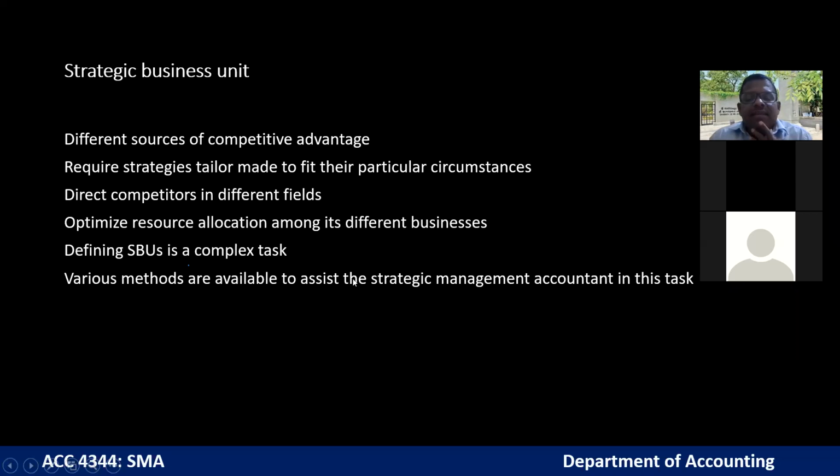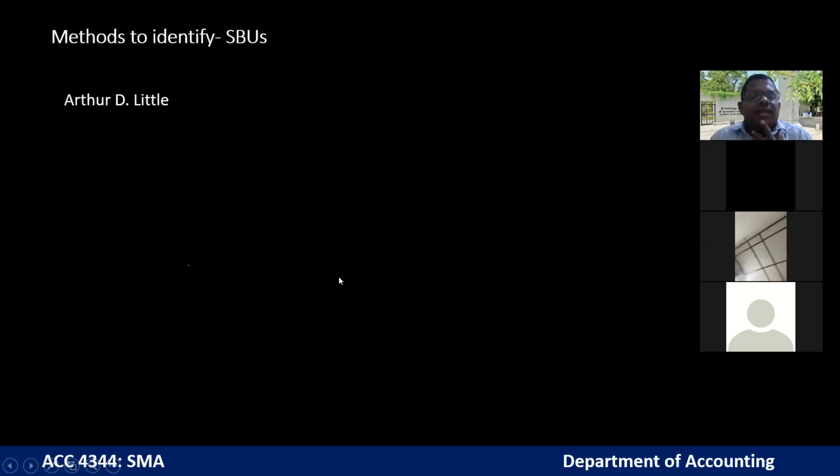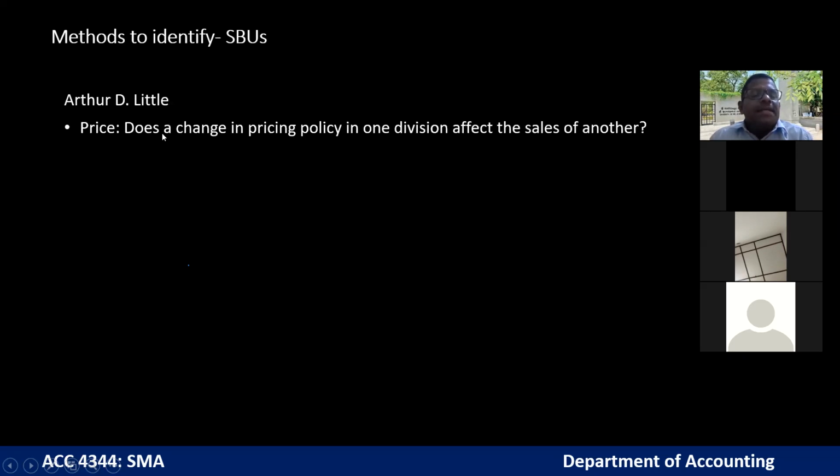Various methods are available in strategic management accounting to define this SBU. We'll see other methods to identify SBUs. Arthur D. Little asks: does a change in pricing policy in one division affect the sales of another? That is one question.